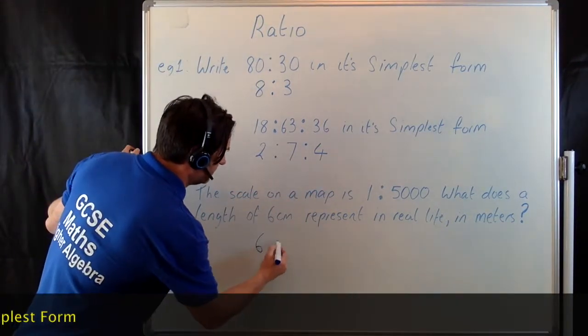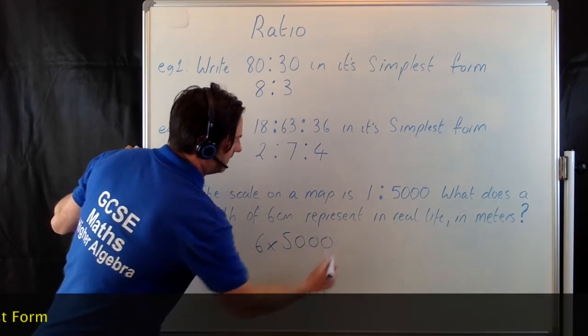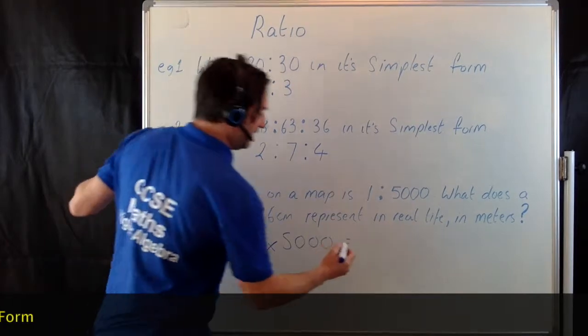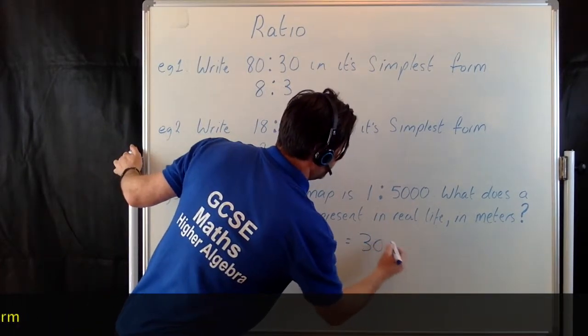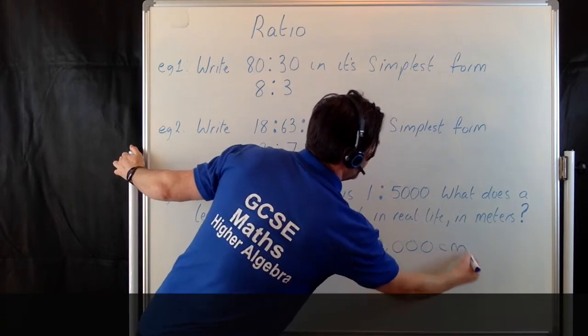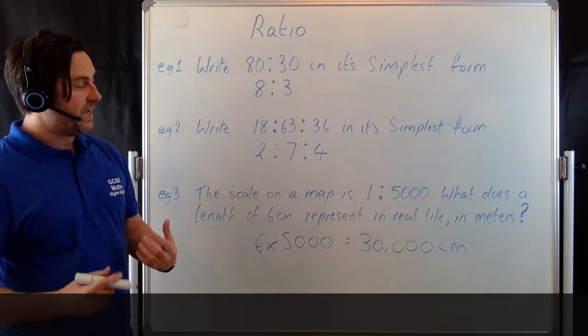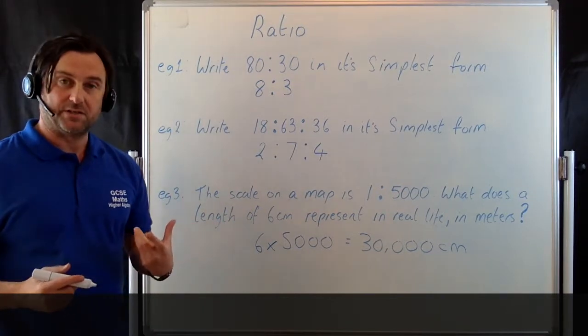So the first thing we do is we do 6 times 5,000, which is going to give me 30,000. But remember, that is in centimeters. We now need to convert that to meters.